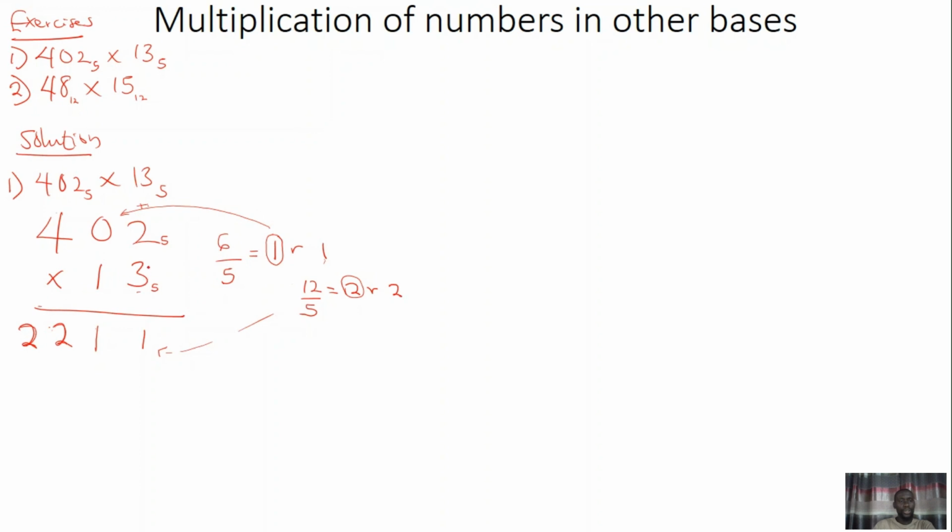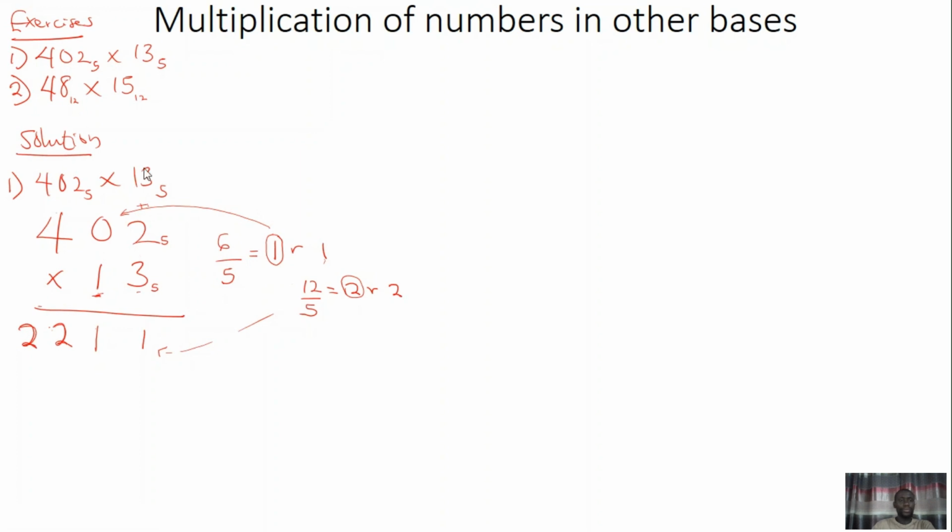So we are done with the multiplication of this first digit, which is 3, with the digits on top. Now let's move to the next digit, which is 1.